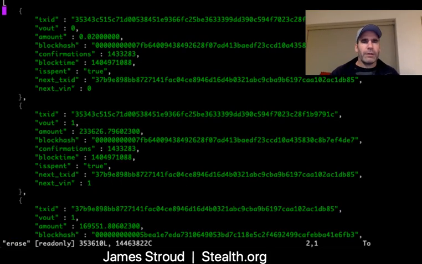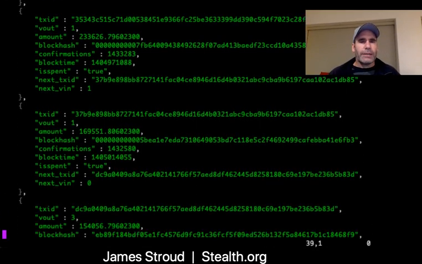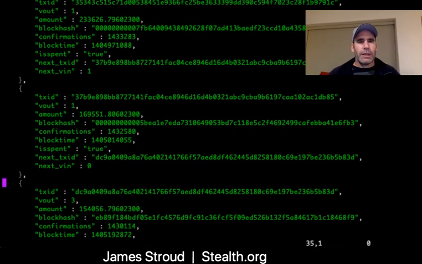here it is, these are all the transactions. All that information is in the key value database.